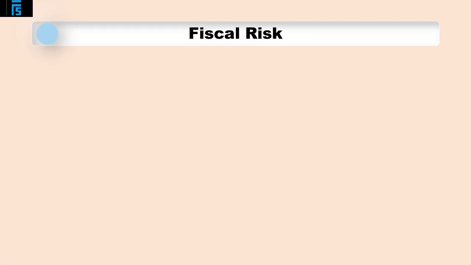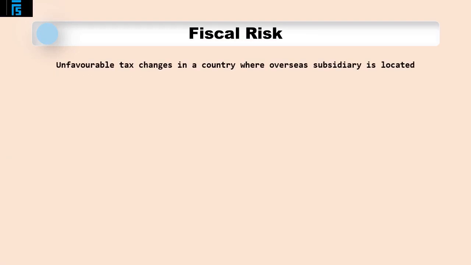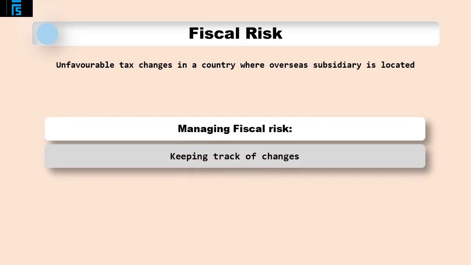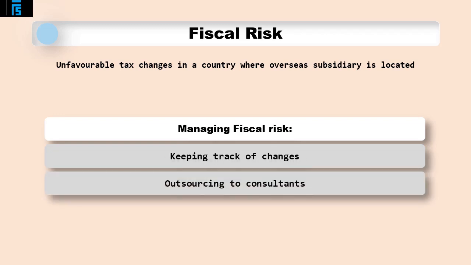A similar approach is applied to fiscal risk, which represents the uncertainty related to unfavorable changes in taxes levied in a country where an overseas subsidiary is located. Management of fiscal risk includes primarily keeping track of changes in a country's tax system and making sure that the policies followed are up to date. As with the management of regulatory risk, this may either be done in-house or be outsourced to external tax consultants.